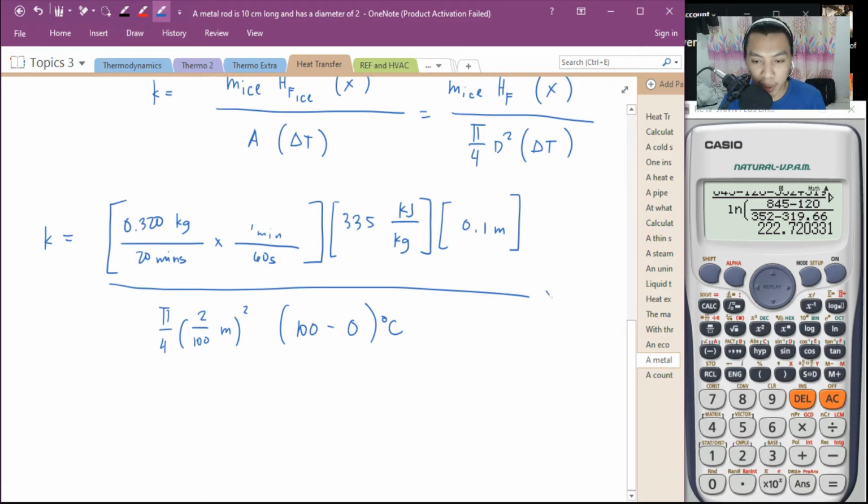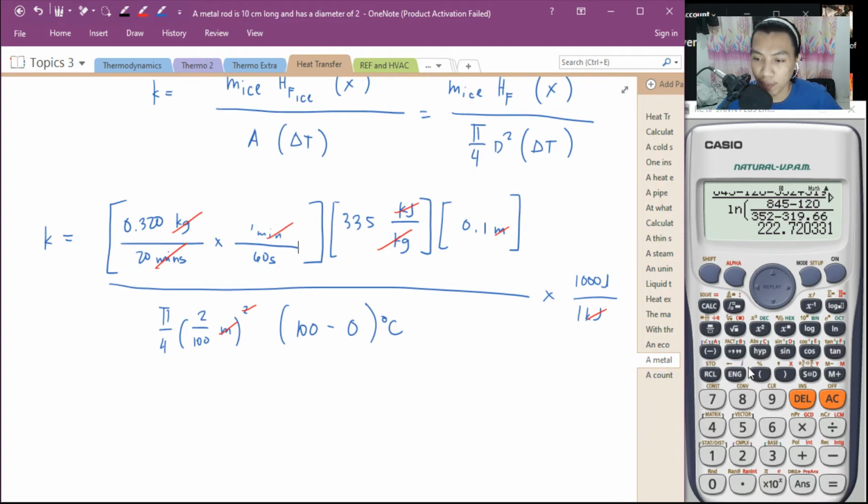Kilojoule, multiply na lang natin dito ng 1,000 joule. Okay? 1 kilojoule. Para ma-cancel natin. Joule per second is watts eh. Yan. Kilogram, kilogram. Yung meter, yung meter, yung meter. Kilojoule, kilojoule. Minute. Joule per second is watts.